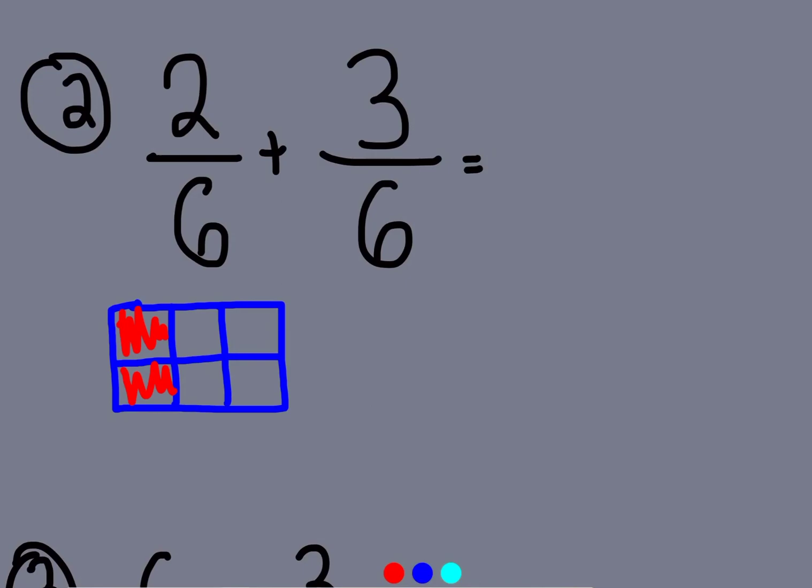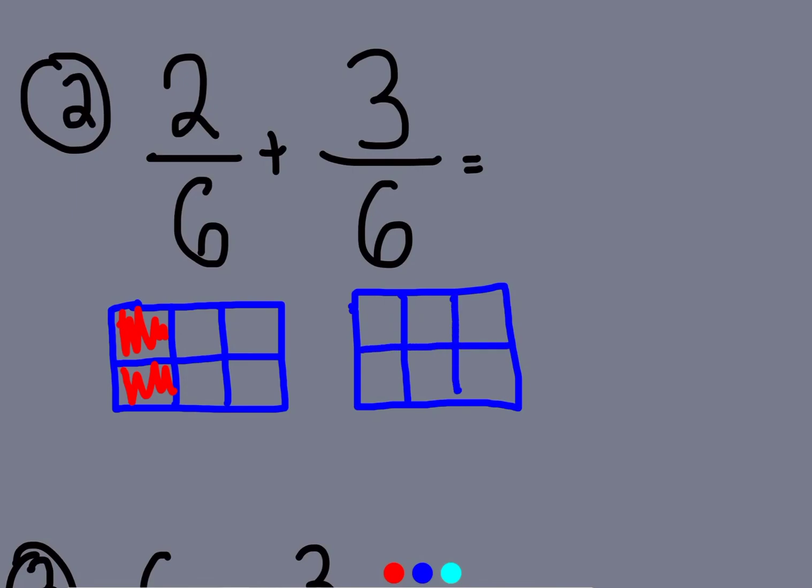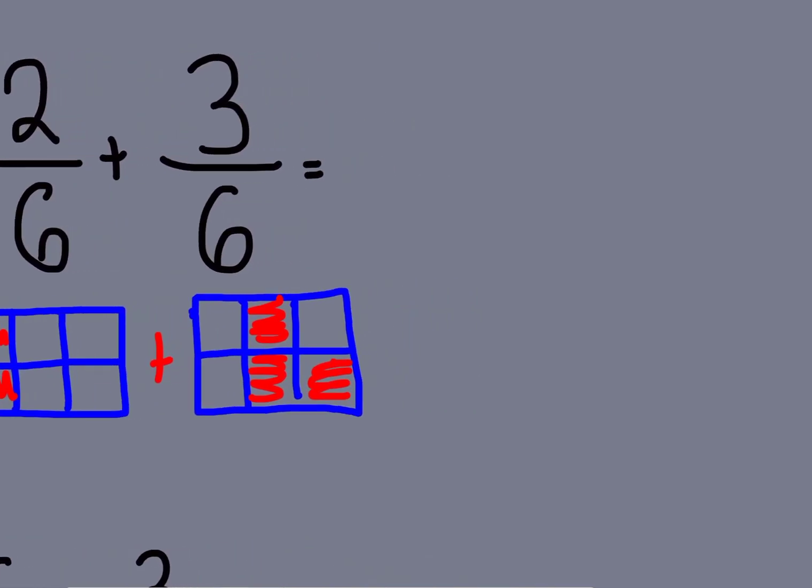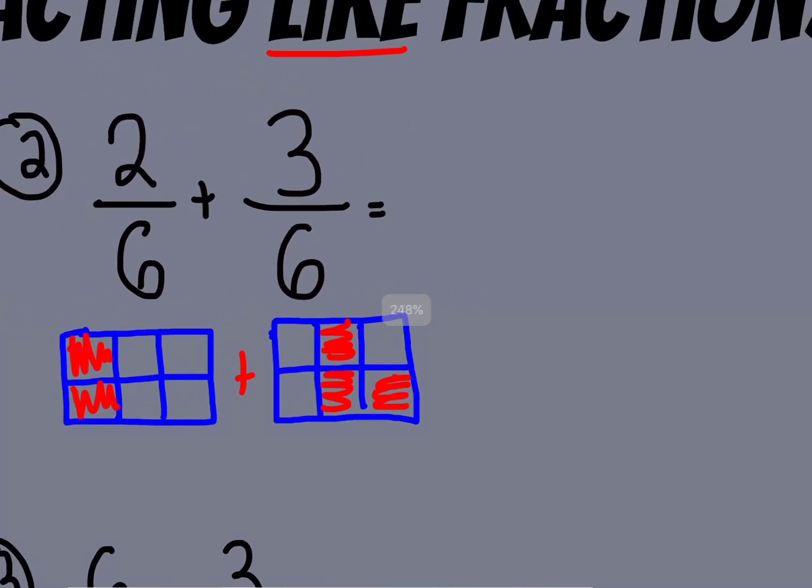The next one is 3/6. Rectangle. Break it up into 6 even sections, and you shade in 3. 1, 2, 3. And if you add those amounts together, your visual will look something like this.